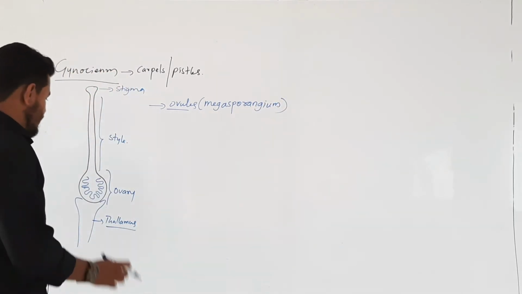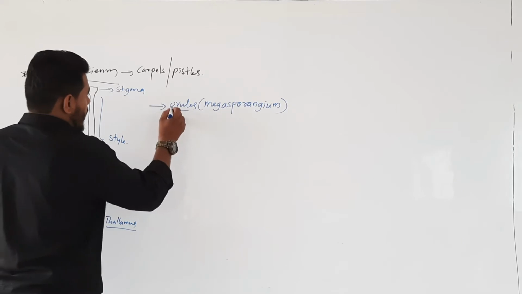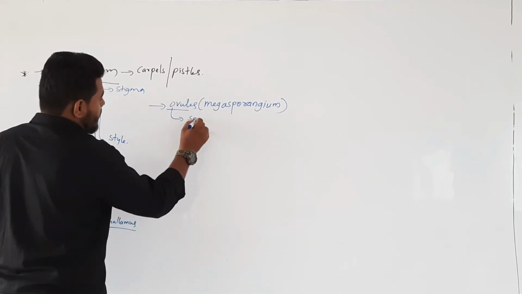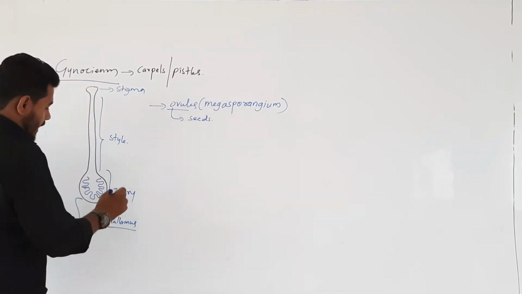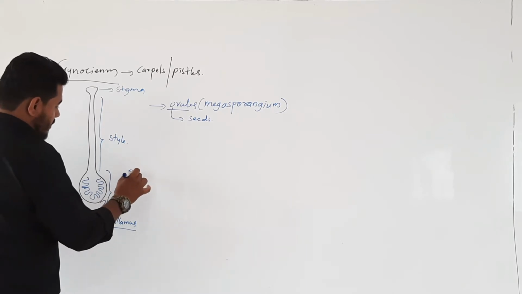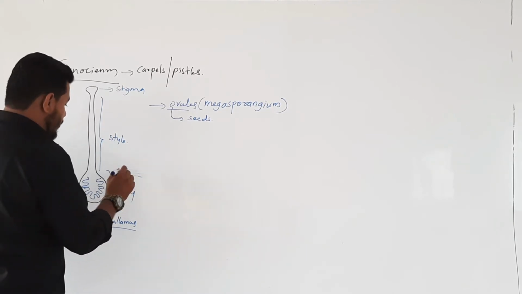Ovule is a part which is present inside the ovary. After fertilization, ovule becomes a seed and ovary becomes fruit.